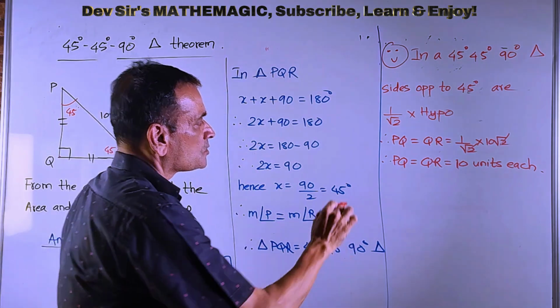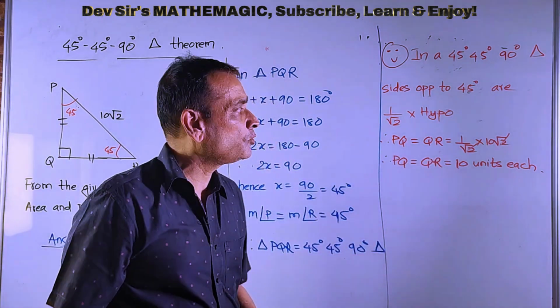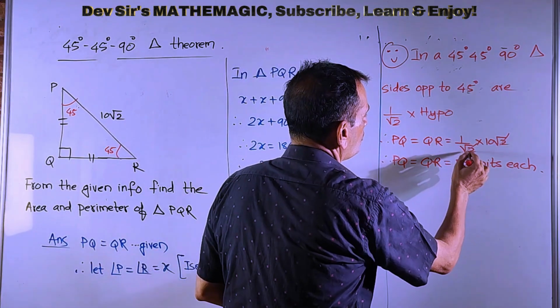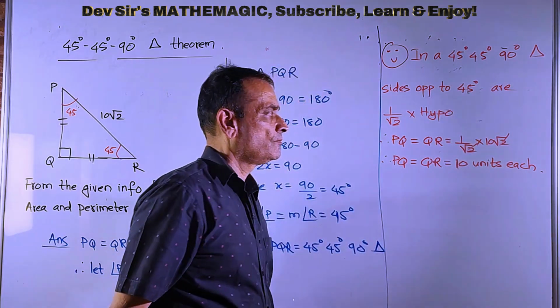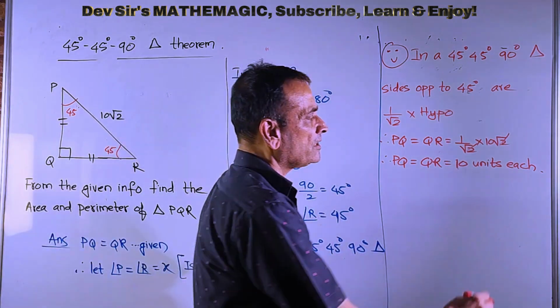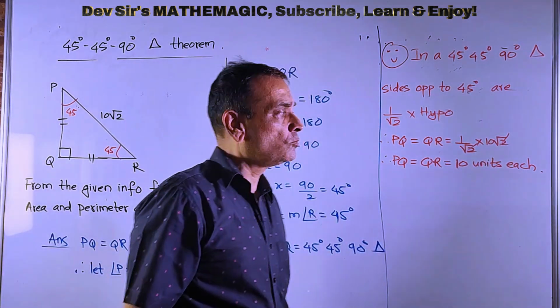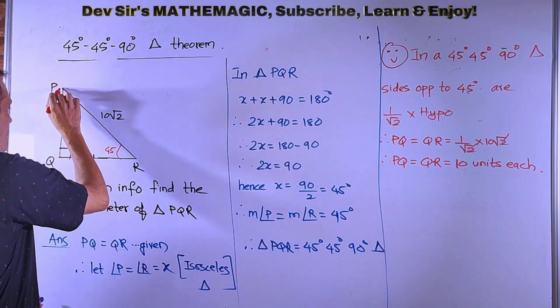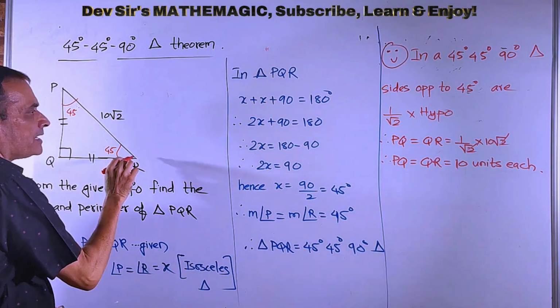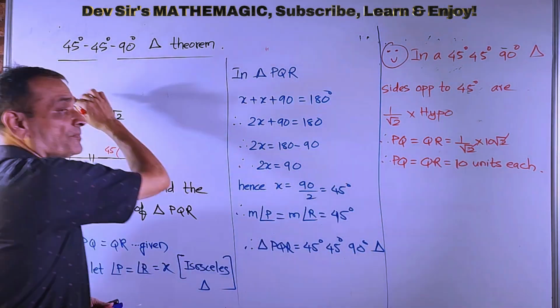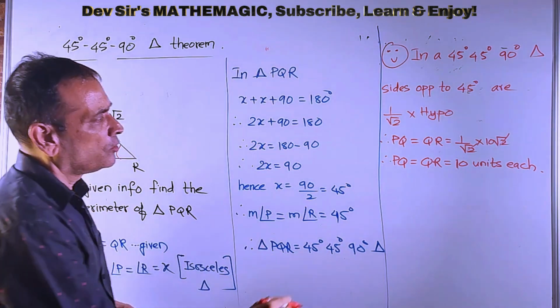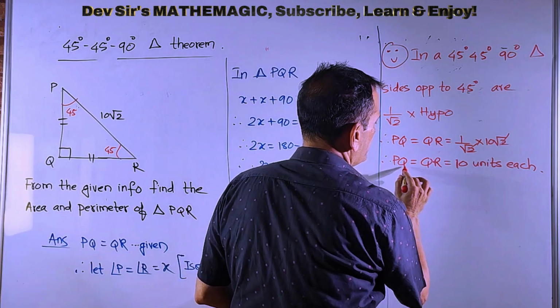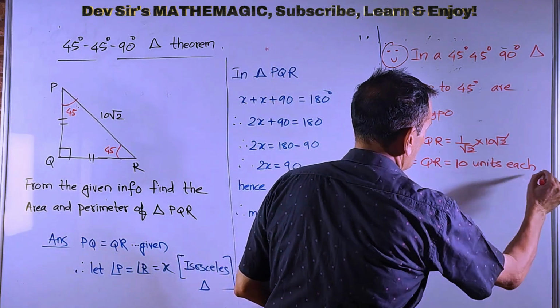So both PQ and QR are equal to 1 upon root 2 times hypotenuse. Hypotenuse is how much? 10 root 2. So PQ equal to QR is equal to 1 upon root 2 times PR. Root 2 gets cancelled. PQ equal to QR equal to 10.